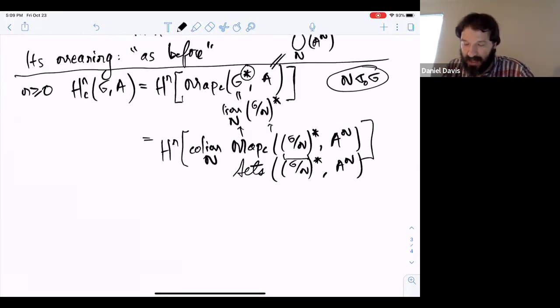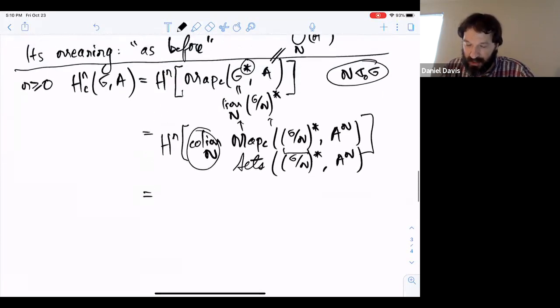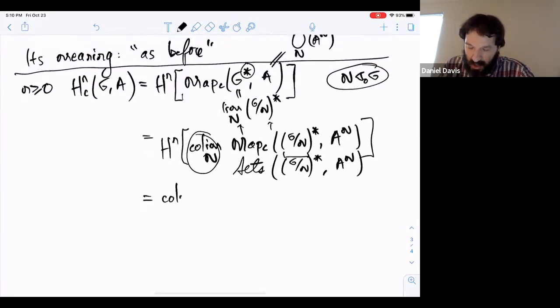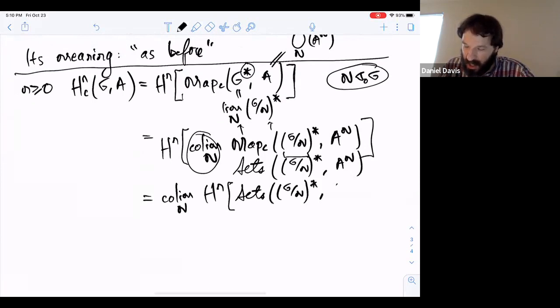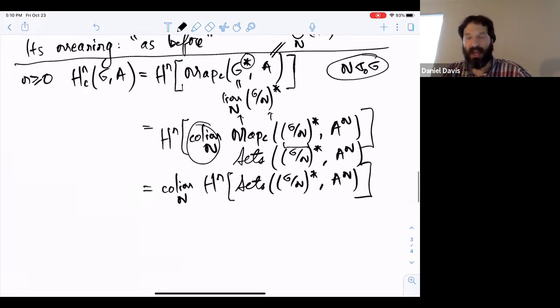And this colimit is a filtered colimit, so you can pull it outside the cohomology group. So this is the colimit over the n's of H^n of sets G mod n star A^n.